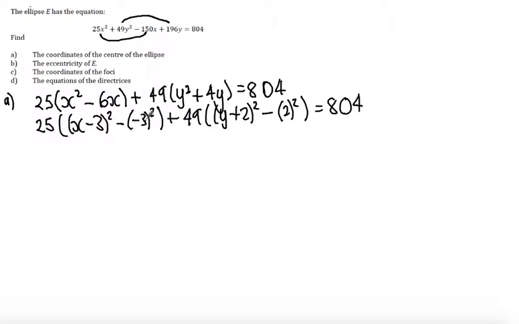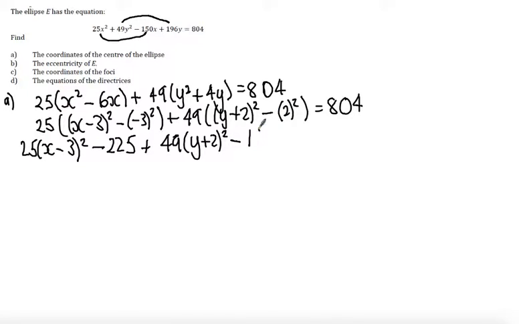Expand the bracket, remembering to multiply the constant by what's outside the bracket, so I get 25(x minus 3) squared minus 9 times 25, which is 225, plus 49(y plus 2) squared. 49 times minus 4 gives me minus 196, equal to 804. So we're almost there.